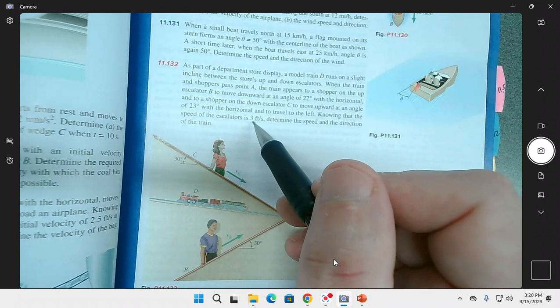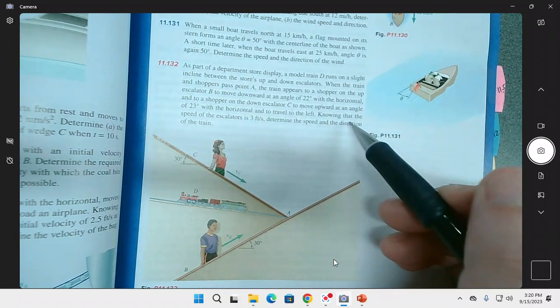Knowing that the speed of the escalators is 3 feet per second, determine the speed and direction of the train.